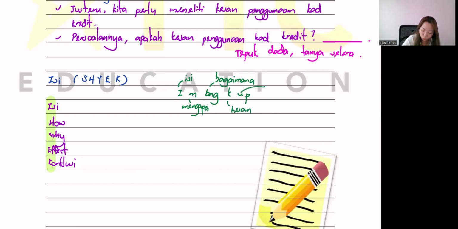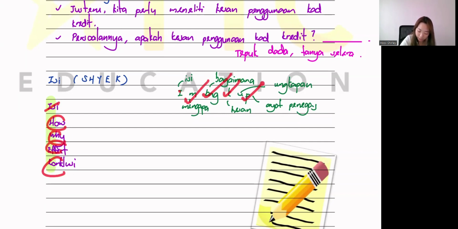This is what I don't really focus on too much: ungkapan, like the kata-kata hikmat, kata-kata mutiara, or the peribahasa. Then this is ayat penegas. So the isi is over here. The how is bagaimana. The why is mengapa. The effect is the kesan. Conclusive is the ayat penegas.